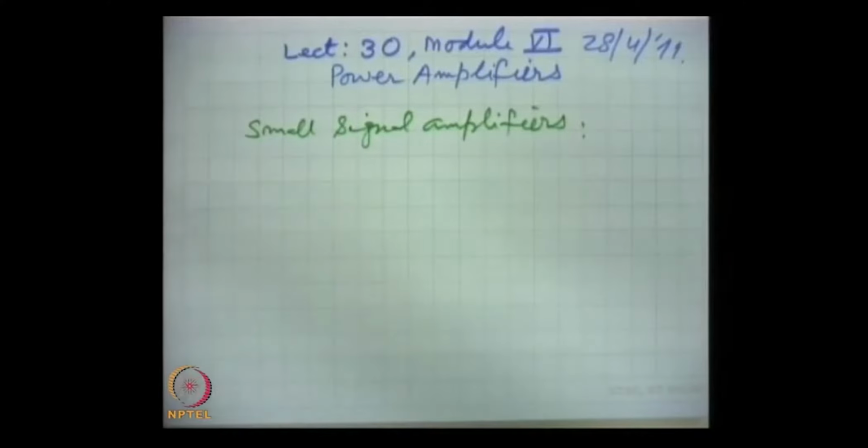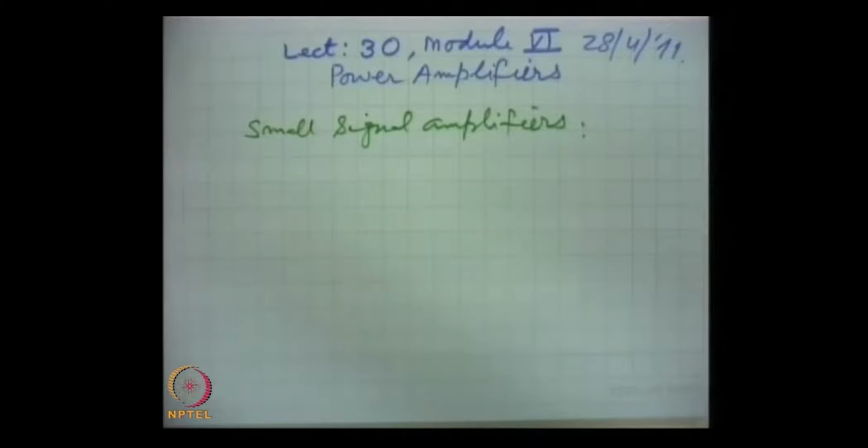By small signal we mean that current and voltage swings are very small as compared to the maximum current in the collector circuit which is possible, and the maximum voltage. In small signal amplifiers, the voltage and current swings are small.